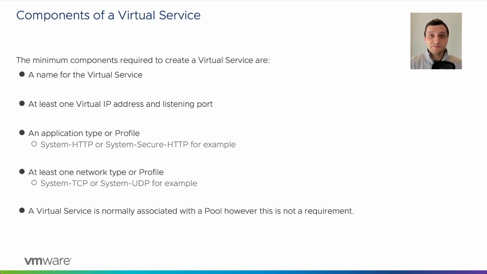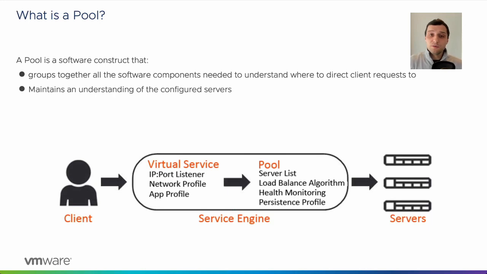Now, what is a pool? Well, that's the software construct that will group together all the software components needed to understand where to direct client traffic to. So how do we reach those backend servers? How do we load balance those backend servers? How do we know the backend servers are even online still? If you look at the pool line, we see I'll have a server list.